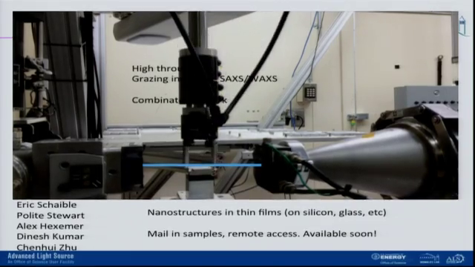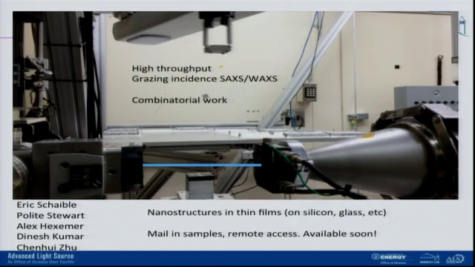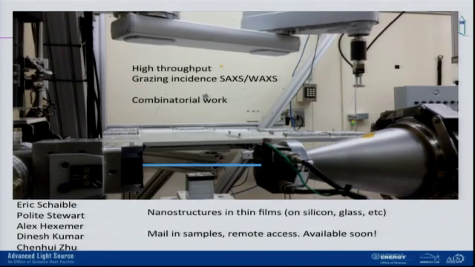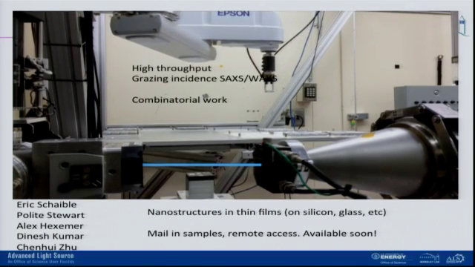And at the end, this is a nice movie. Besides developing new techniques, we're also trying to basically speed things up, right? For many X-ray experiments, it's repetitive.